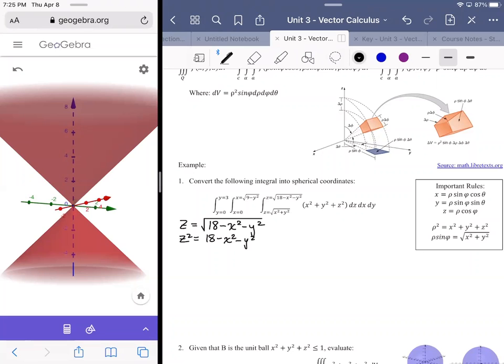If we add the x squared and the y squared to both sides, x squared plus y squared plus z squared is equal to 18. That's the definition of rho squared. If I want rho, I just root that.